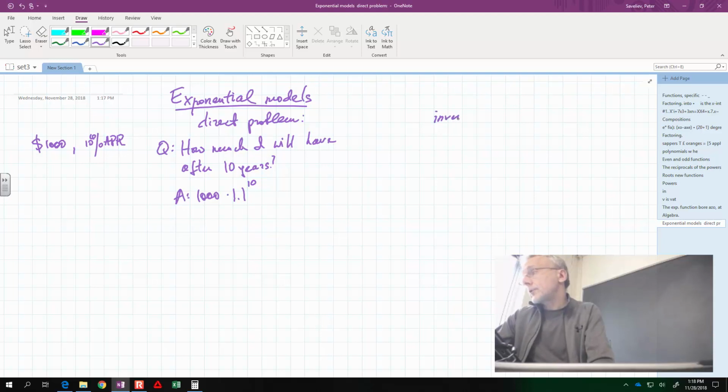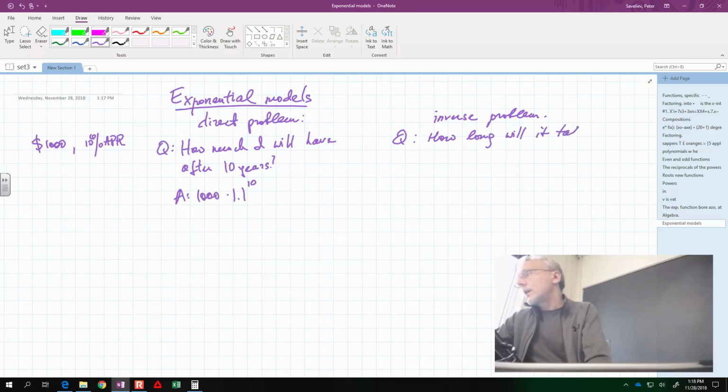Now the inverse problem for the same setup. The question is how long, not how much, how long will it take to reach, say, 2,000?